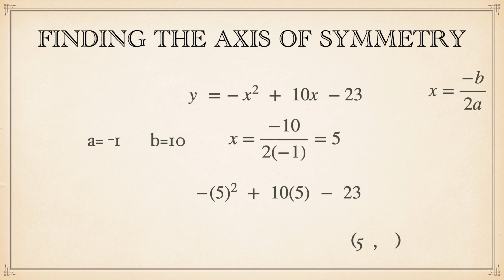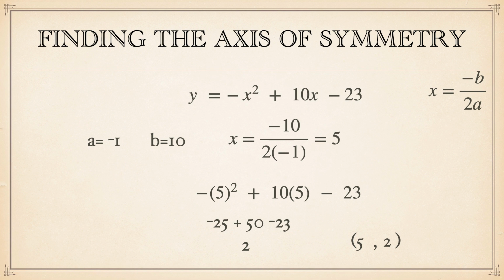But the opposite of 5 squared is going to be negative 25. And then 10 times 5 minus 23. And I'm going to get positive 2. So y is equal to positive 2.